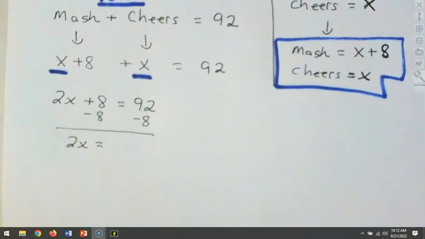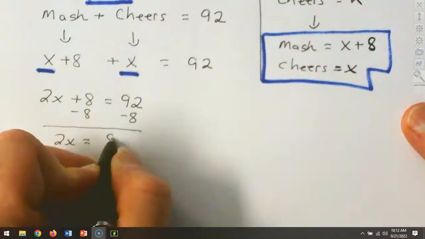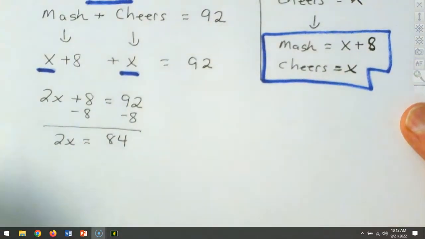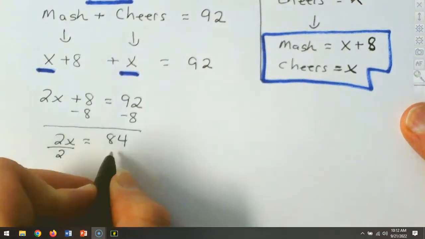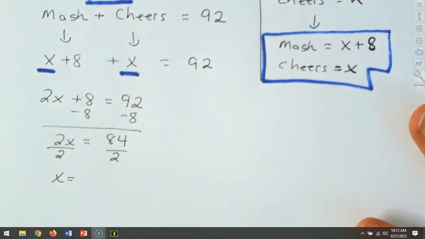Let me double check. I always double check myself. 92 minus 8. Yep, that should be your 84. And we'll finish it by dividing by 2. And now we've got part of our answer. So 84 divided by 2. Well, that should be a 42, isn't it? Let me double check. Yep, 42.